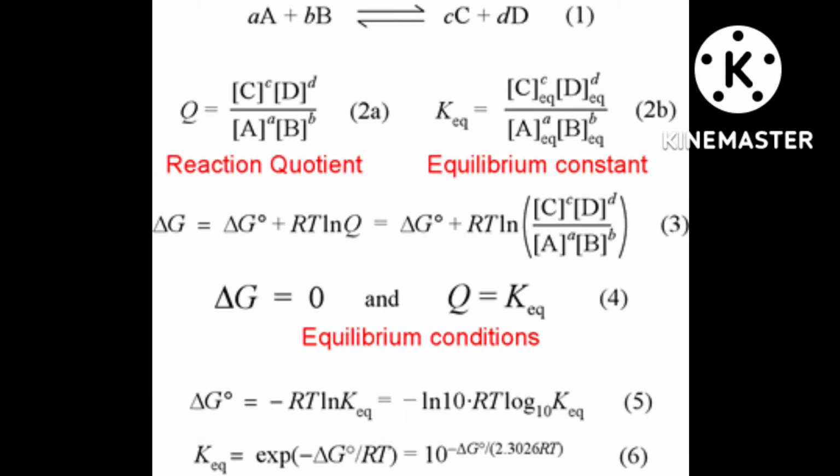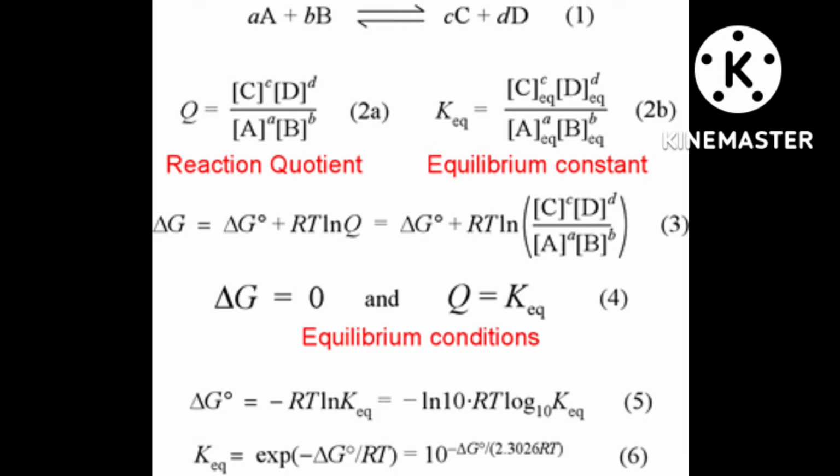Here R is the universal gas constant, T is the absolute temperature, ln means natural logarithm, which you can convert into log by multiplying by 2.303, and K is the equilibrium constant.